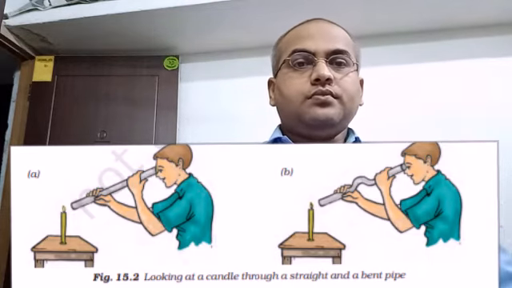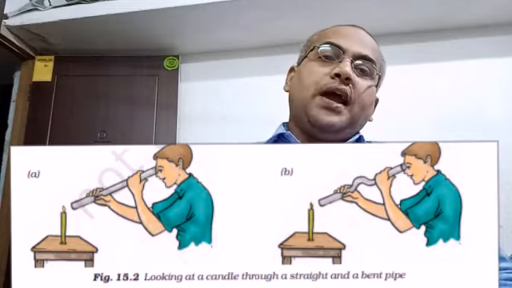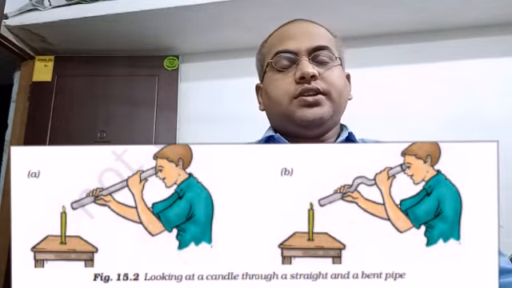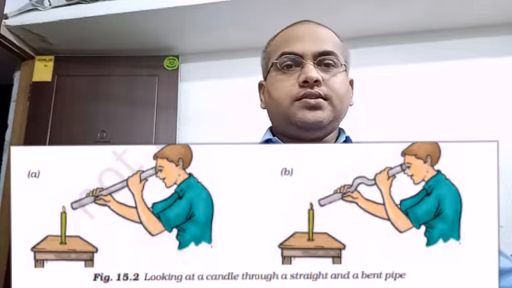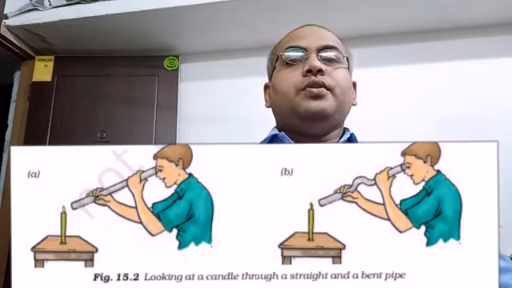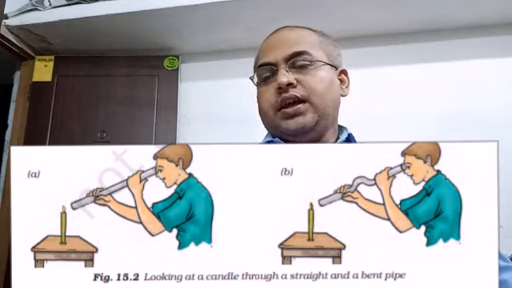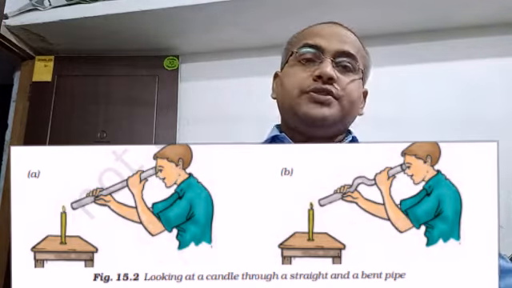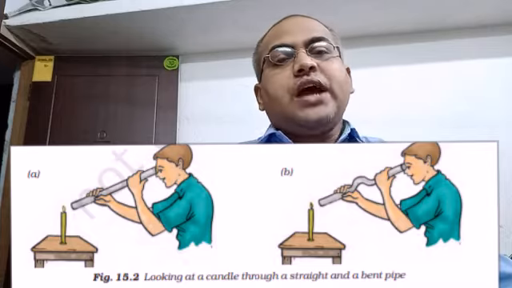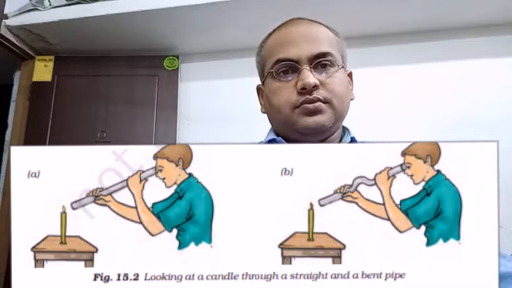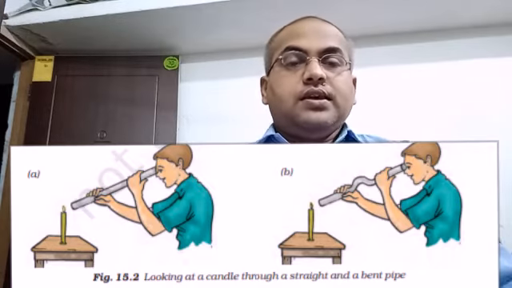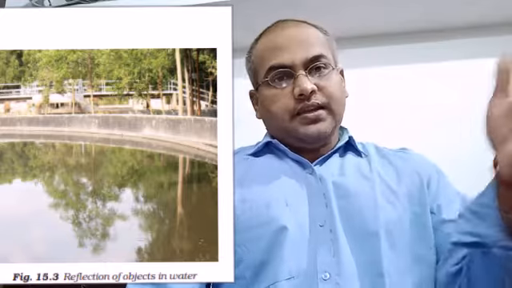So when the pipe was bent, we were not able to see the light. But when we make the pipe straight, we are able to see the light. So it proves that light travels in a straight line. By this activity, we prove that light travels in a straight line.